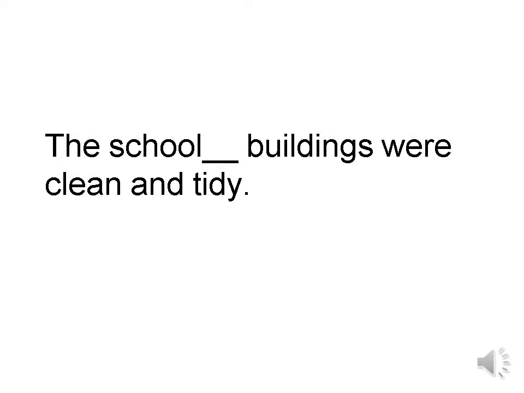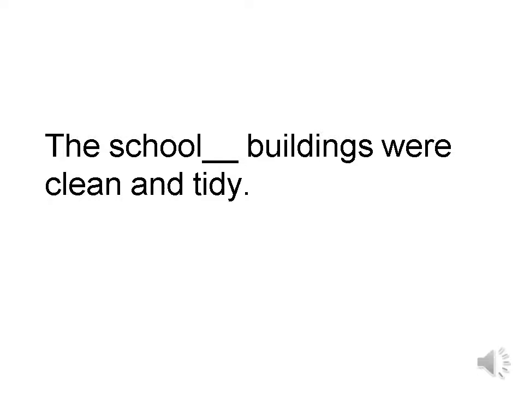Okay, the next one. The school, space, buildings were clean and tidy. We see the word school and we see buildings. The buildings must belong to the school, therefore the apostrophe goes after the L. The school's buildings.